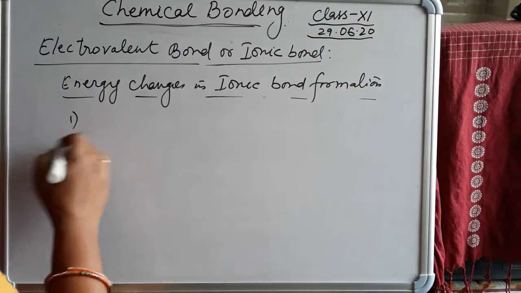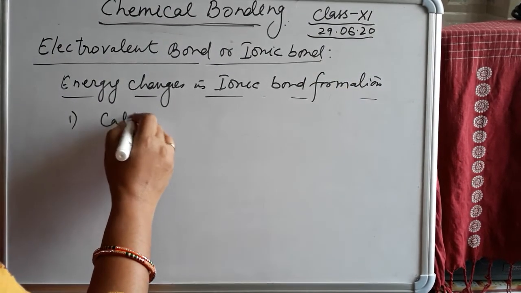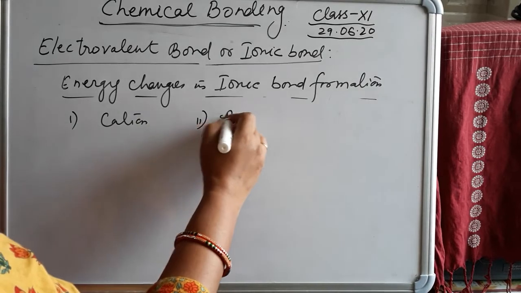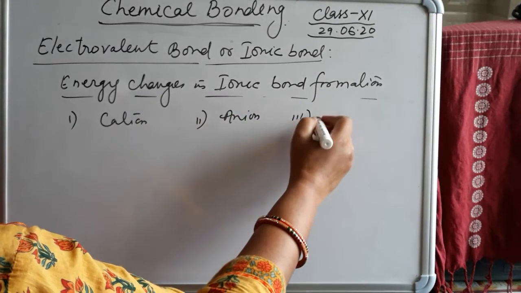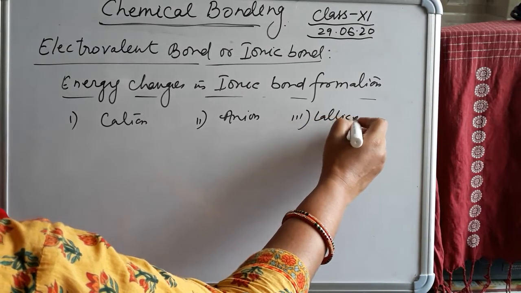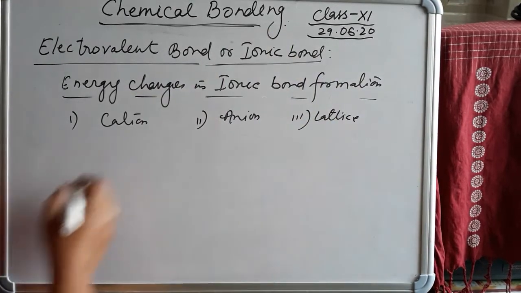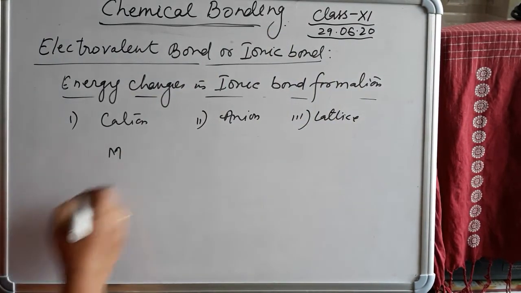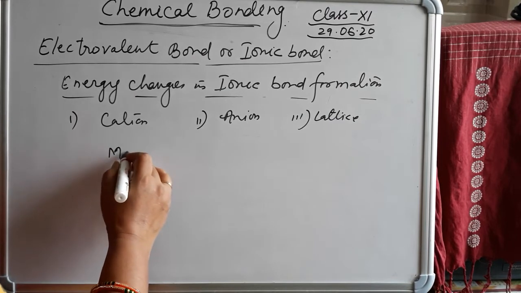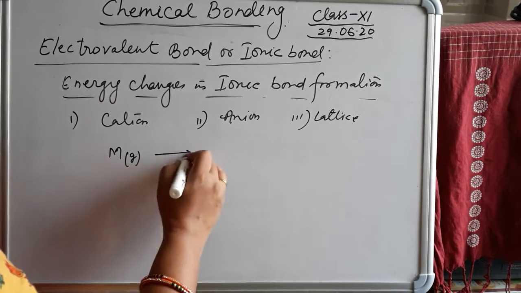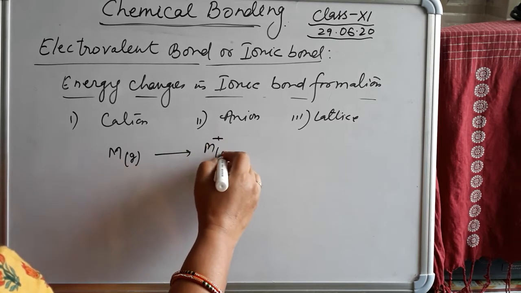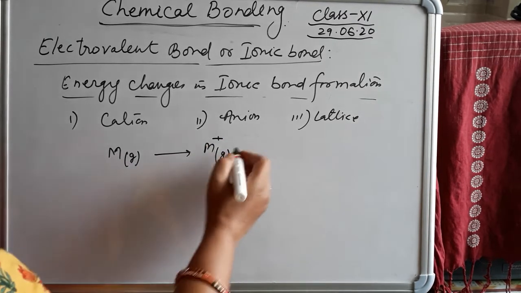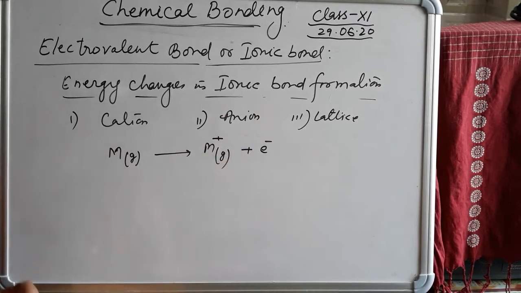At first, formation of cation takes place, then formation of anion takes place, and cation and anion combine to form the lattice structure of the species. Suppose element M, a metal in the gaseous form, converts into cation M plus, also in the gaseous form, by removal of an electron.